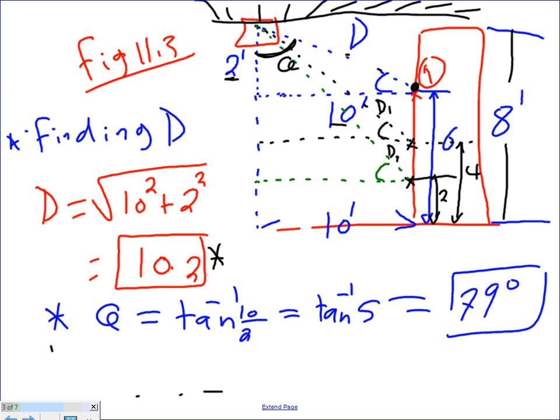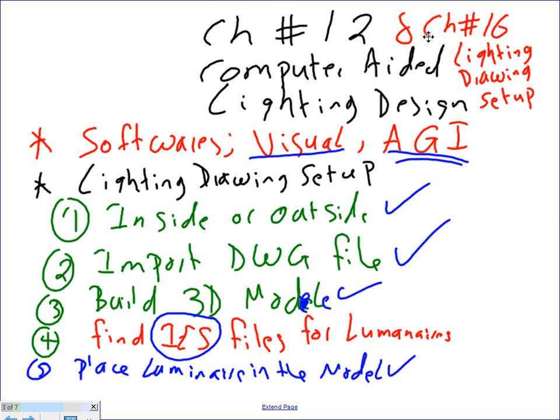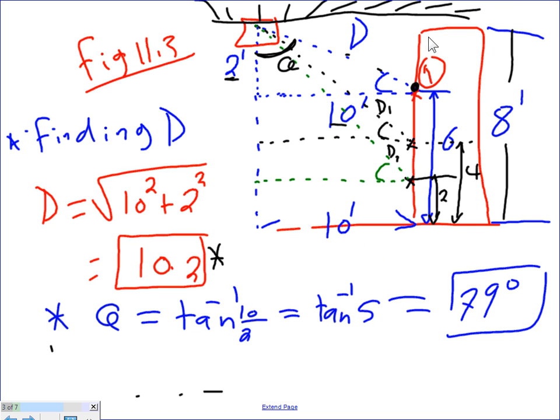Any question about finding the angle? Okay, so we found this angle.